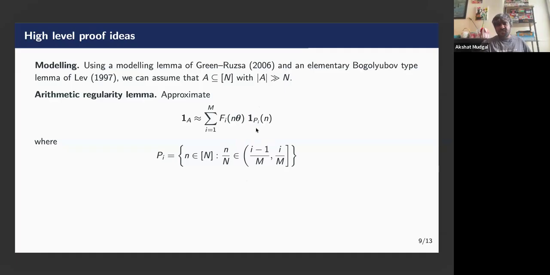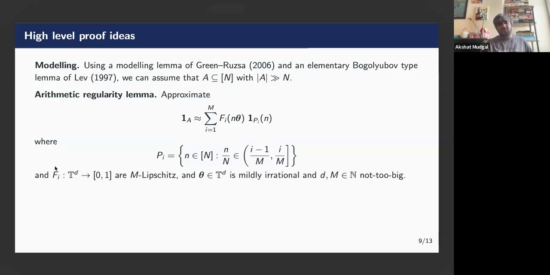And on each of these intervals, your indicator function essentially behaves pseudo-randomly. It behaves like some sort of a Lipschitz function defined on the torus. So if you're in this interval, you pick some n, you look at the image of n via this homomorphism to the d-dimensional torus, and it sort of behaves like a Lipschitz function.